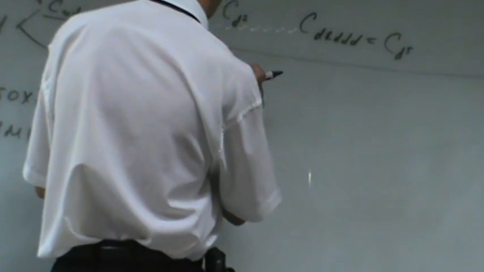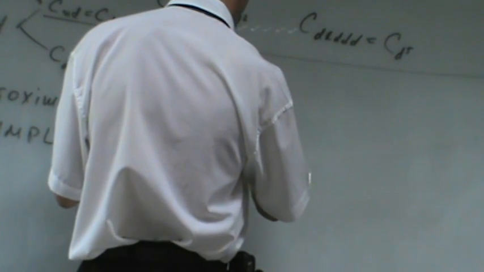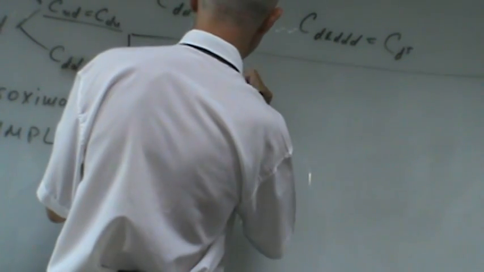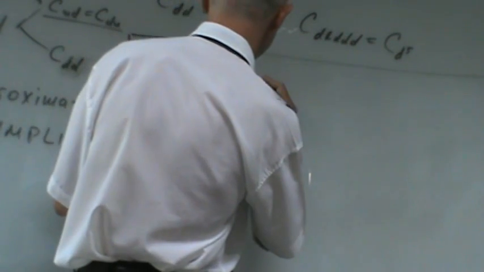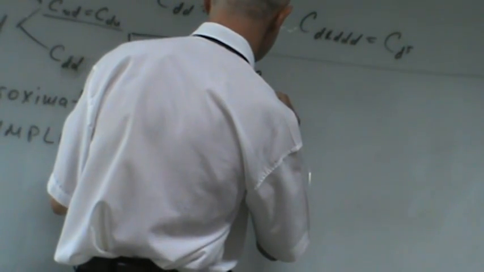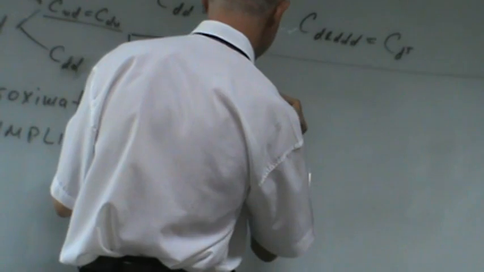Let me make sure that I got this piece okay. Becomes present value of, it's got to be p squared. Let's make sure I get this right. So p squared times CU squared, p squared CU squared.